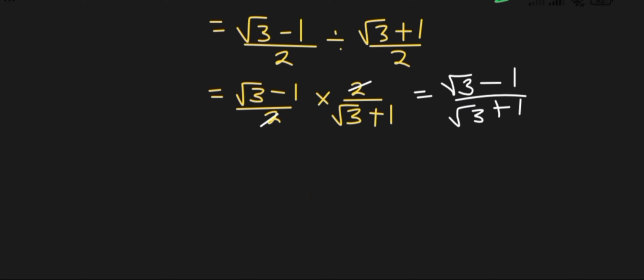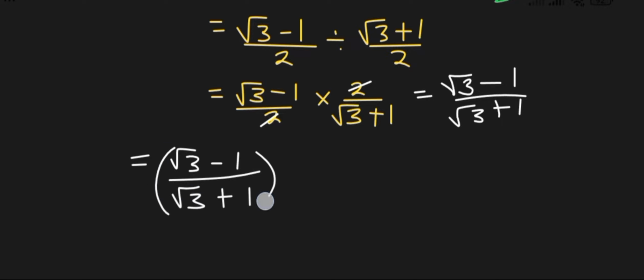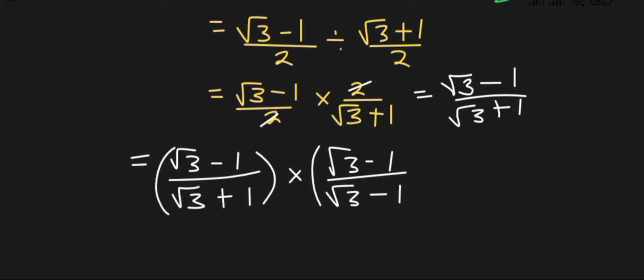We then rationalize the denominator of the resulting expression. Root 3 minus 1 over root 3 plus 1 will be multiplied by the conjugate of the denominator to rationalize it: root 3 minus 1, over root 3 minus 1.